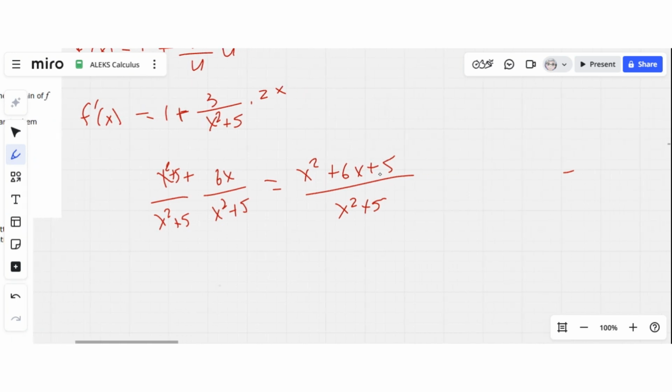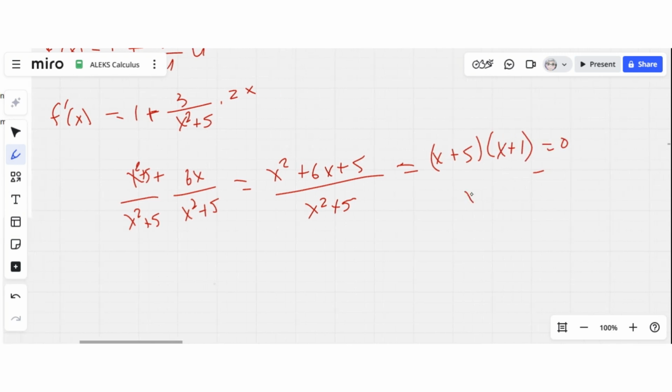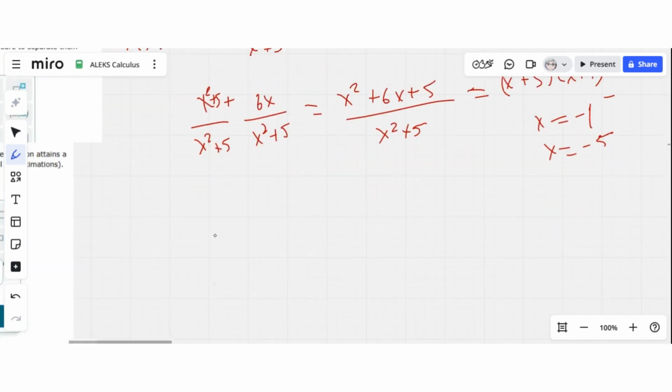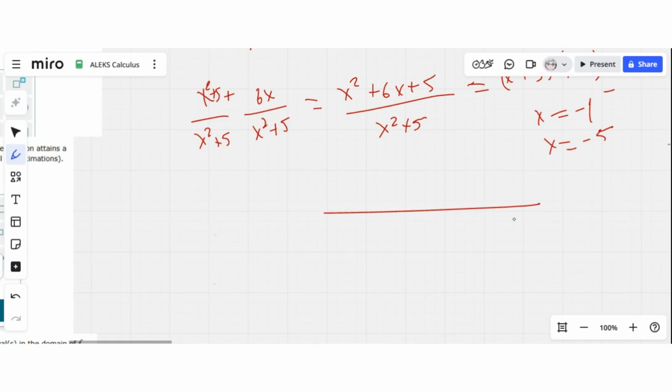On the top, we can find where it's equal to 0 by factoring and setting each of the factors to 0. This is a pretty easy factor. It's x plus 5 times x plus 1. If we set those equal to 0, we get x equals -1 and x equals -5. So certainly a local min or local max at those points.